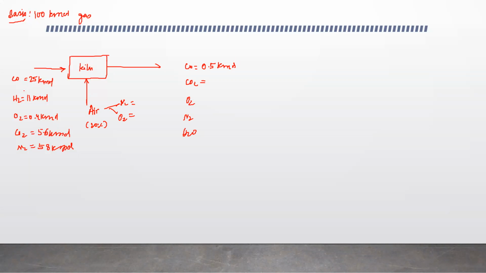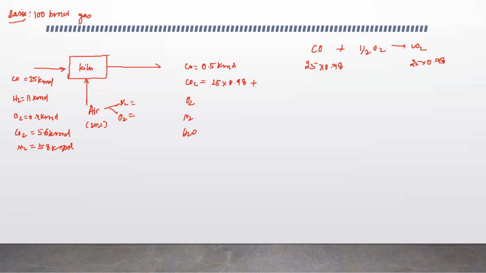The remaining 98% has been burned to carbon dioxide. So 25 into 0.98 kilomoles of carbon monoxide burned; because of the stoichiometric ratio of 1:1, we are going to get 25 into 0.98 kilomoles of carbon dioxide.